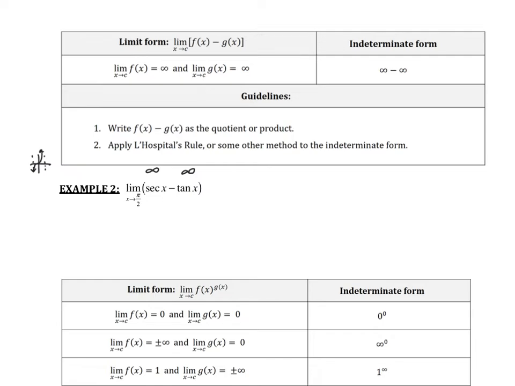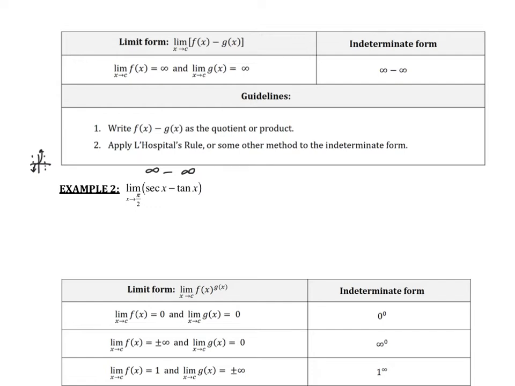Okay, well, let's keep going. Since this is that indeterminate form, but I need to rewrite it as 0 over 0 or infinity over infinity, I'm going to write it as a quotient or a product. I've got a subtraction here, and both of these are trig ratios that can be rewritten.